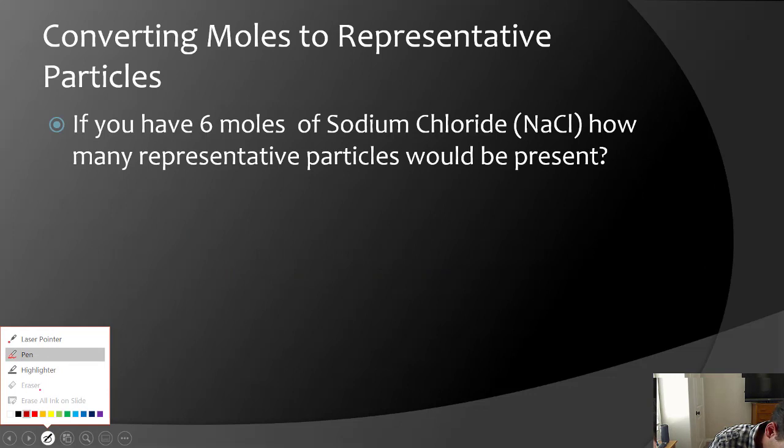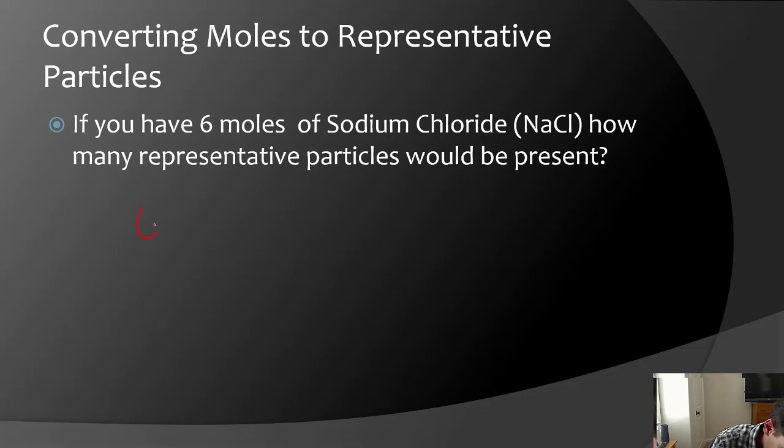We have 6 moles of NaCl. Now, remember, 1 mole of NaCl, that would be 6 times 10 to the 23rd. Now, what is NaCl? Is it an atom? Is it an ion?